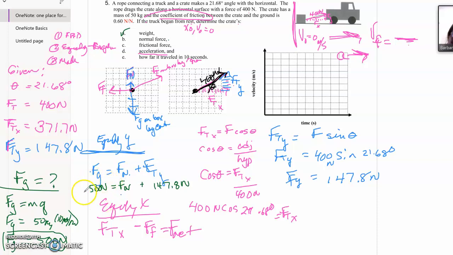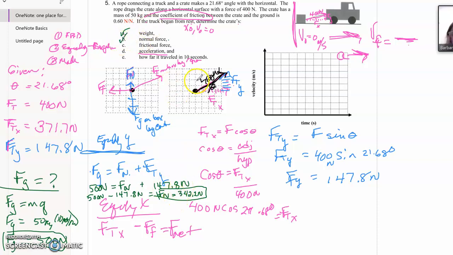So this is the thing that has to be balanced, and the normal doesn't have to do it all by itself. So it's going to be 500 newtons minus whatever help it's getting from that y component of the tension is going to equal force normal. And so in the end, that's 342.2 newtons. Okay, great.